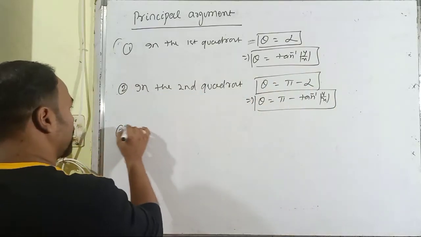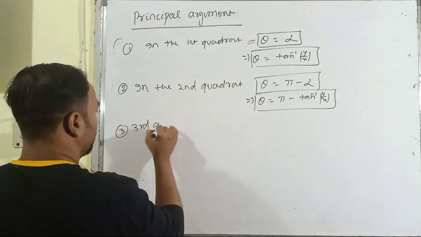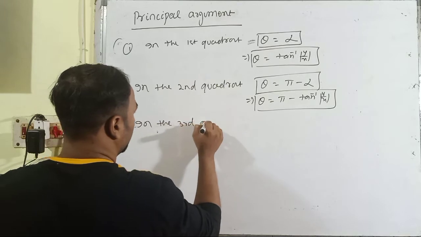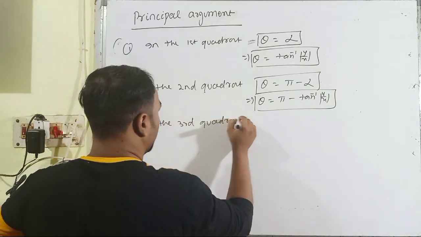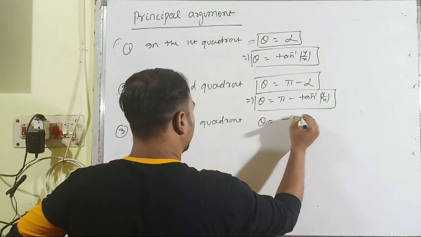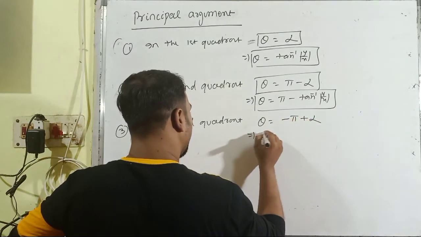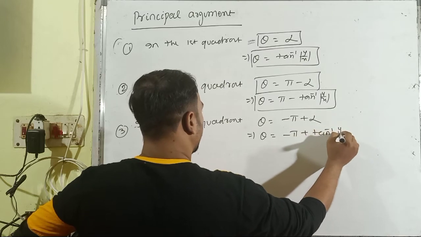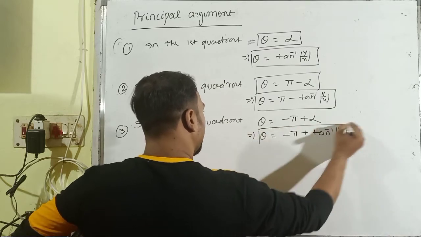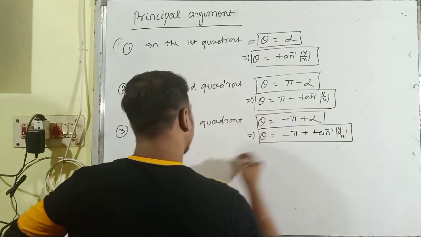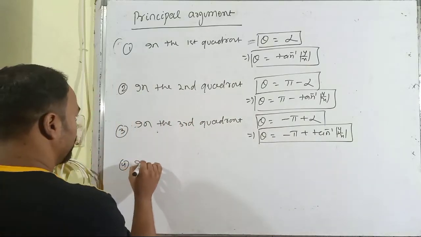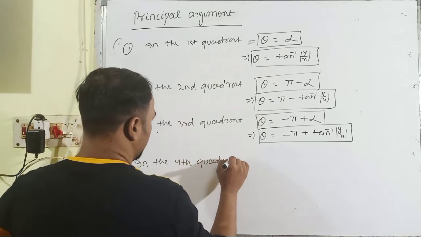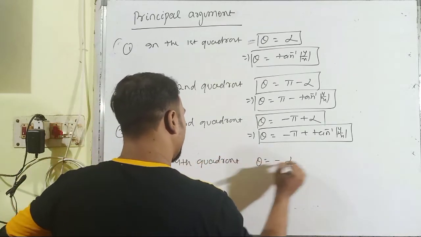Then in the third quadrant, theta is equal to minus pi plus alpha. That implies theta is equal to minus pi plus tan inverse modulus of y upon x. Then in the fourth quadrant, theta is equal to minus alpha.